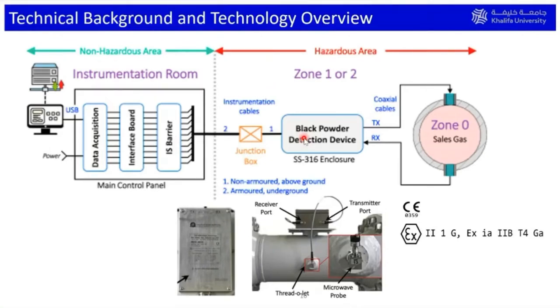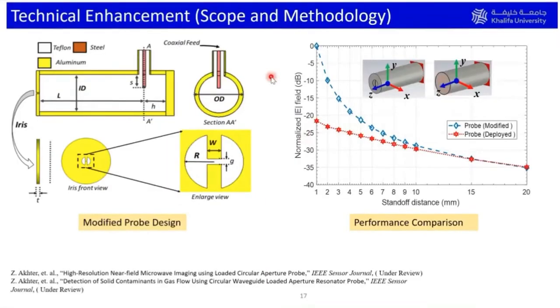So let's come to the enhancement of the previous work. Earlier our probe was a circular probe, basically a circular waveguide, filled with very tight Teflon fitting, and this is a non-resonating structure.